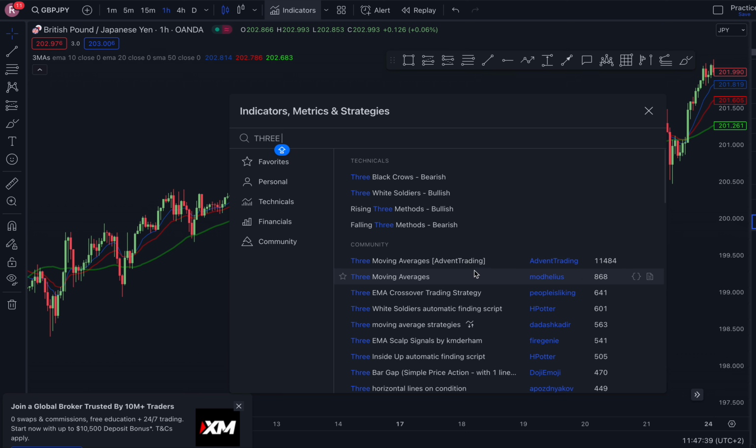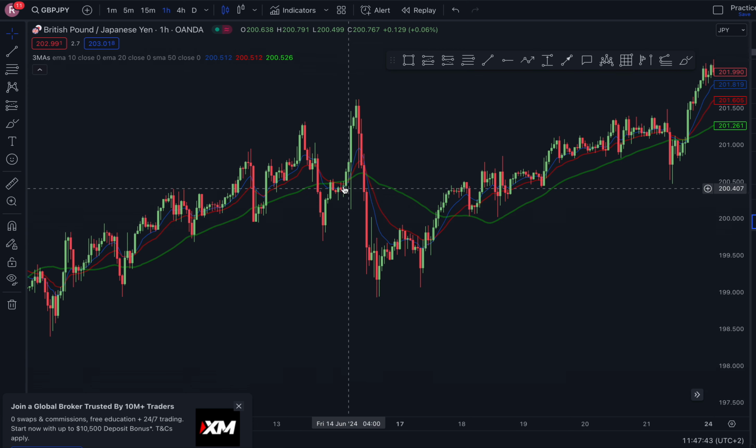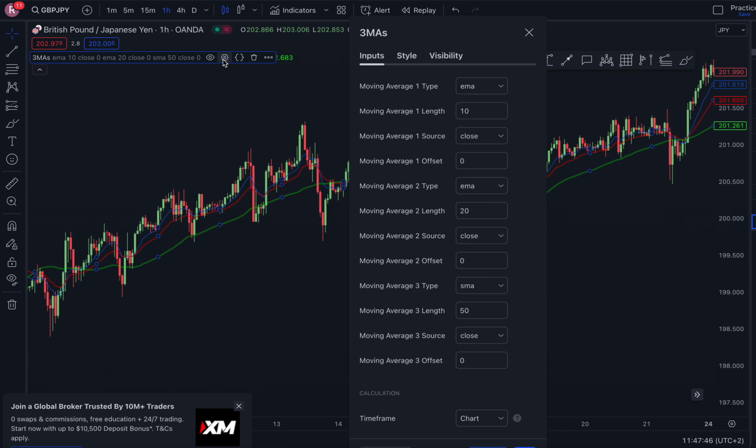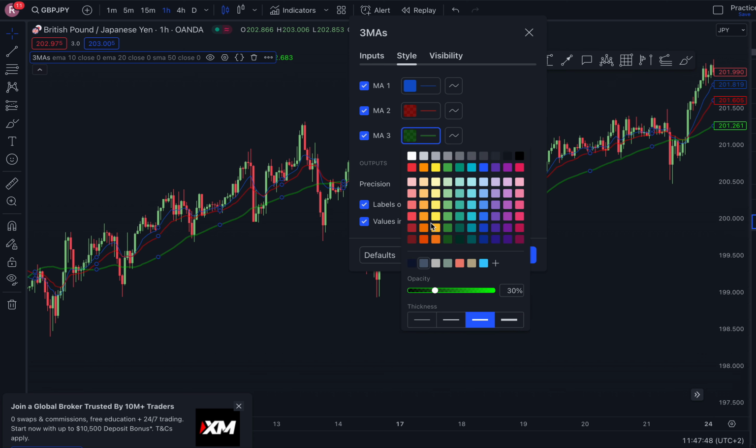This one right here, click on it, and it should give you three moving averages. Now I'm gonna go ahead and recolor my moving averages just because it's gonna be more visible. Increase the opacity there.